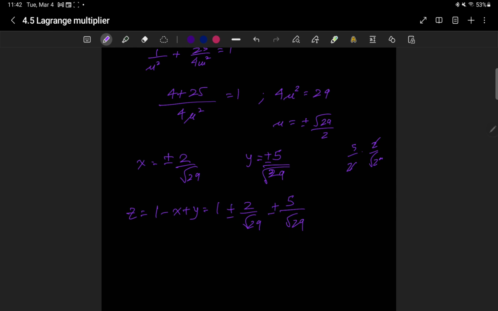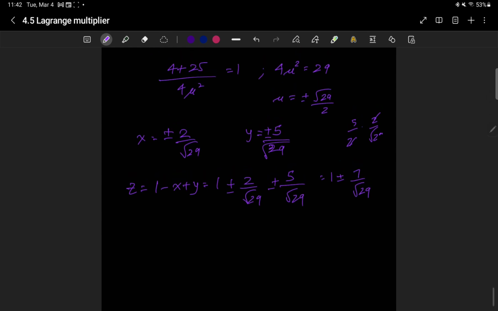So plus minus, this becomes 1 plus minus 7 over root 29. Okay, so you have your values for x, y, and z.